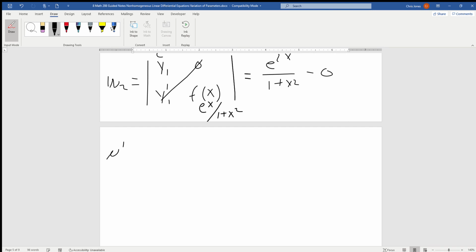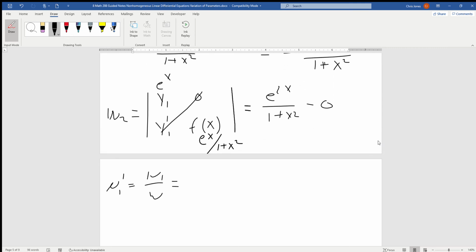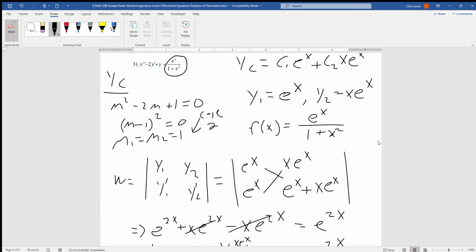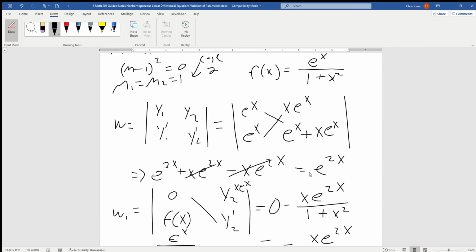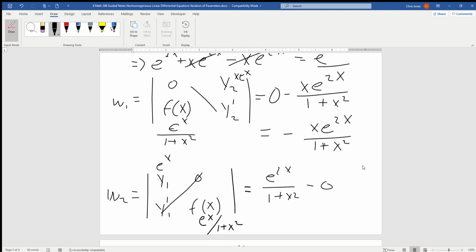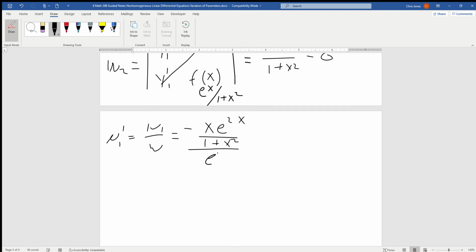Remember, u1' is w1 over w. w1, remember, was the opposite of x e^(2x) divided by 1 + x^2. And we found w to be, let's go back up, it's just e^(2x), excuse me. And that's good, because we're going to be left with negative x/(1 + x^2).